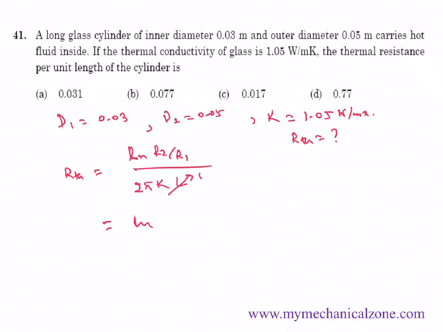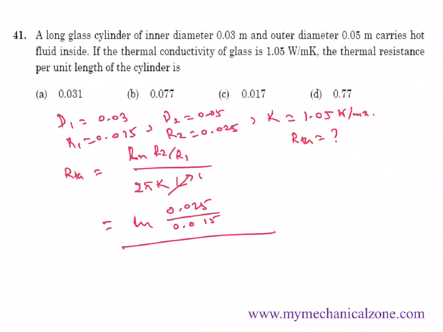So put the values. K value is 1.05. Here you will get ln 5 by 3.